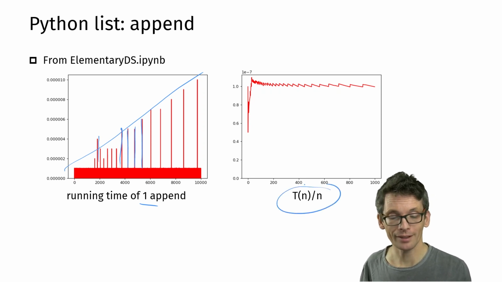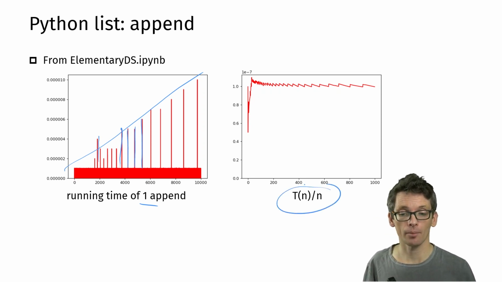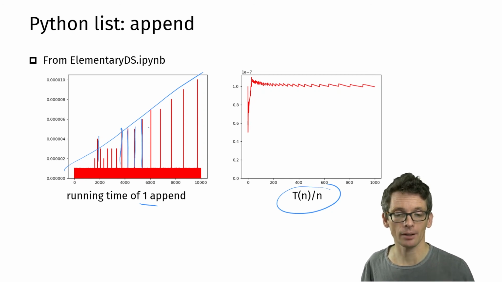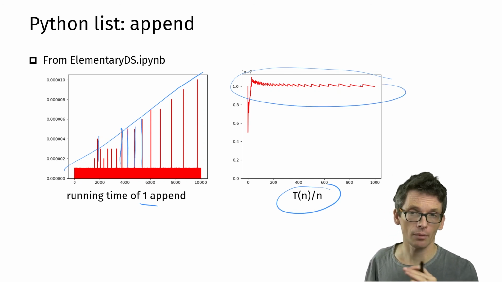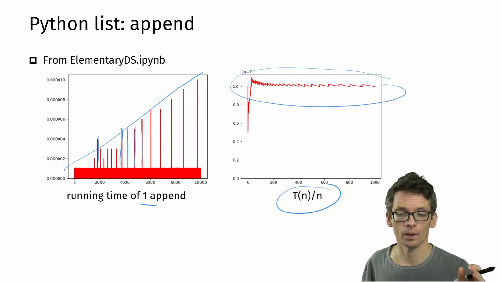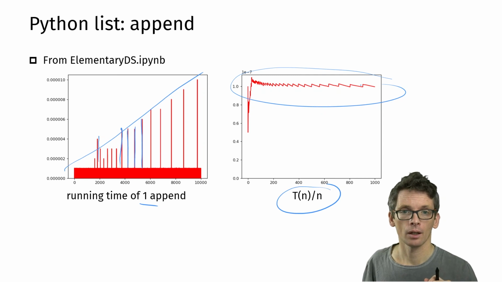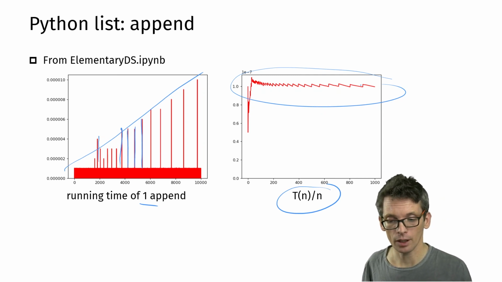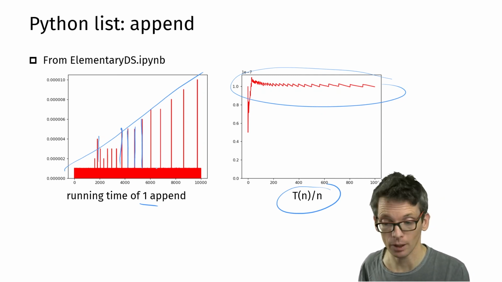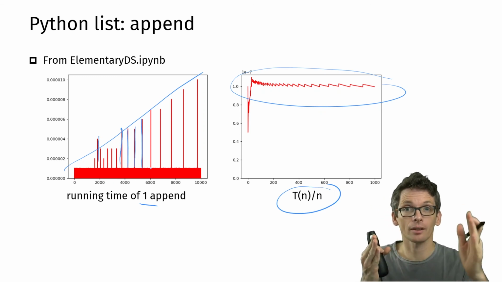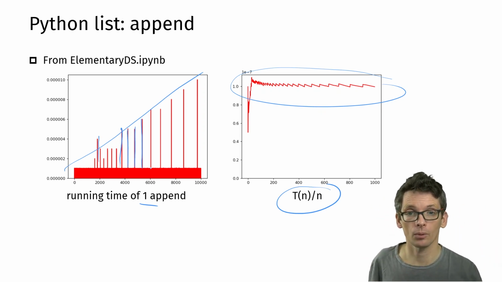We can also look at this in terms of amortized time per operation, and then indeed these few linear spikes don't show up overall. So overall we get something that is constant. An interesting observation here is that this doesn't look like doubling. Doubling would mean that the distance between these spikes always doubles.